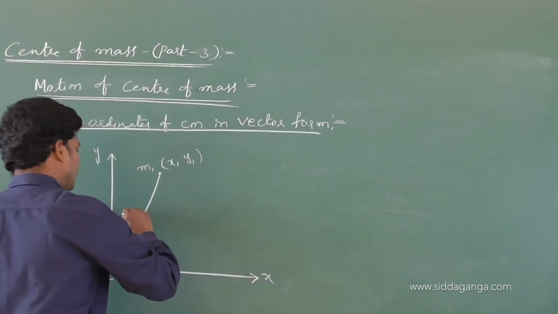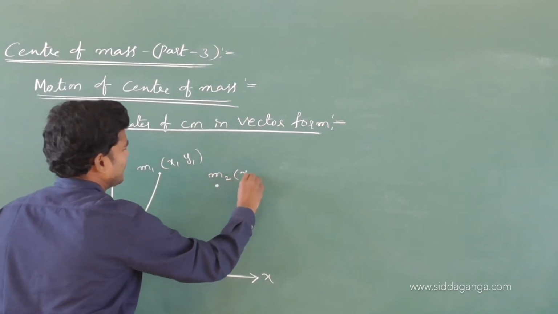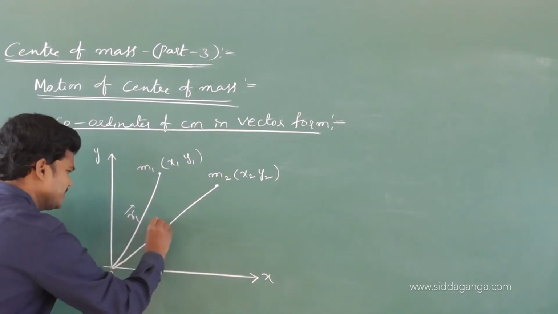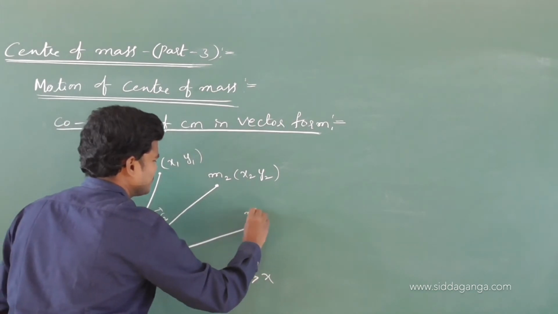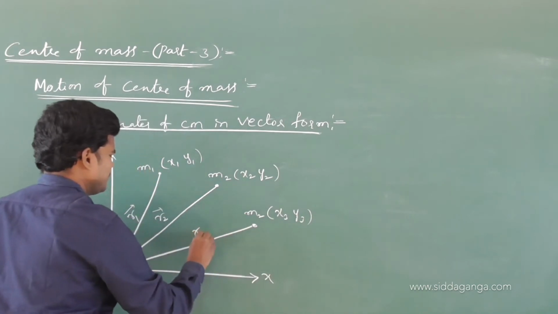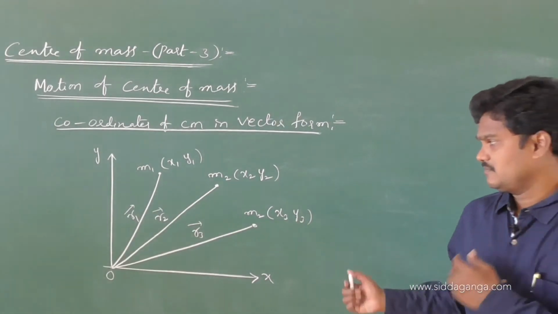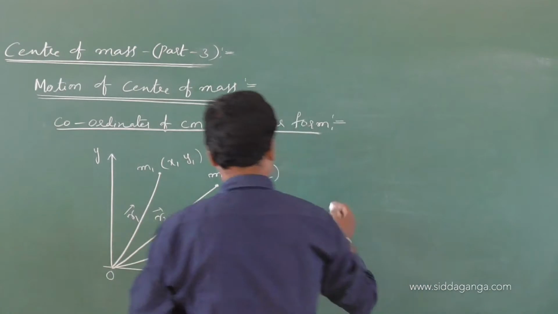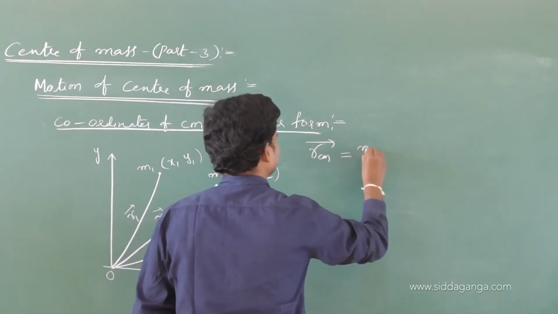So r1 bar, and here m2, x2, y2, and the position vector is r2 bar, and here x3, y3 and r3 bar. If we consider n particles, then mn, xn, yn, rn bar.